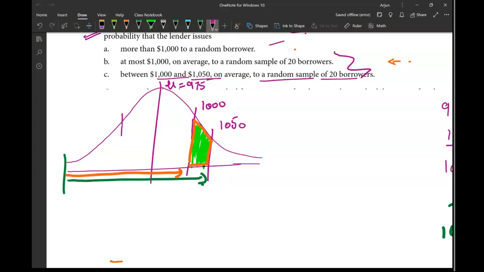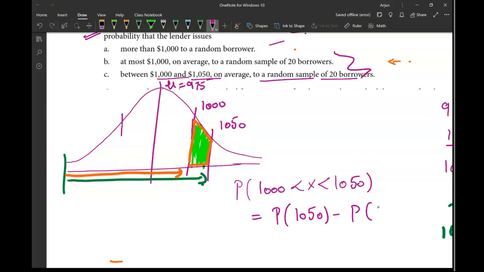So what I need to do in this question is find the probability of x bar between 1000 and 1050, which will be equal to the probability of 1050 minus the probability of 1000. I should have written it the other way around. These are x bar values because this is for a sample of 20.